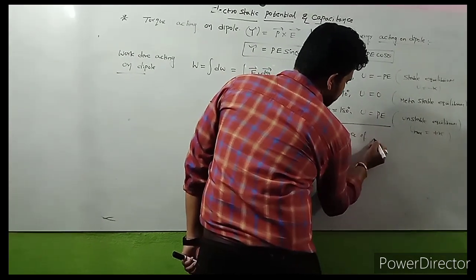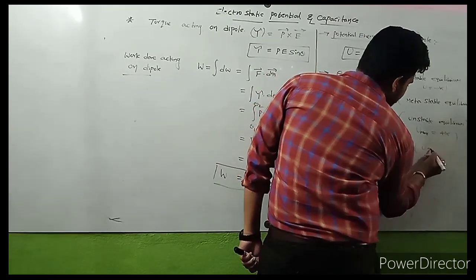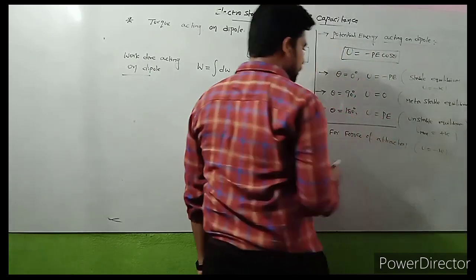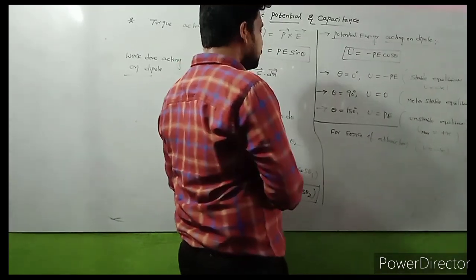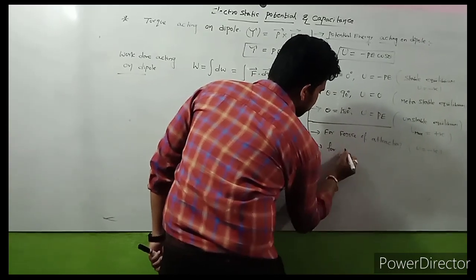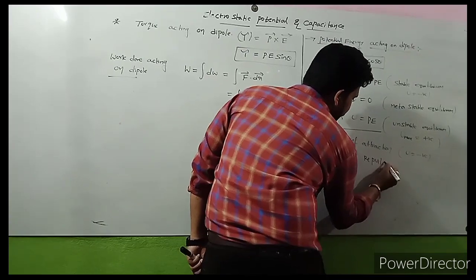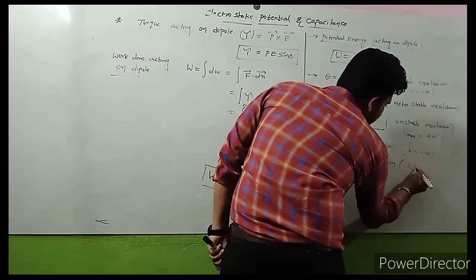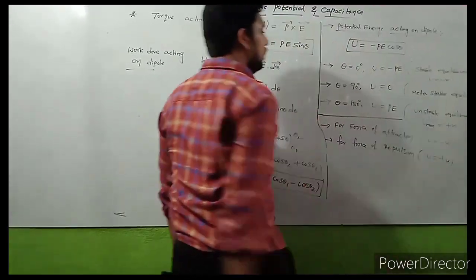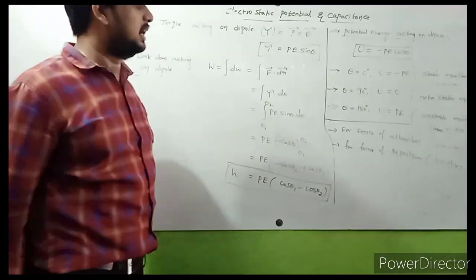For force of attraction, U value is negative and stable. For force of repulsion, U value is positive. Force of attraction, U value is always negative, taken as a stable condition.